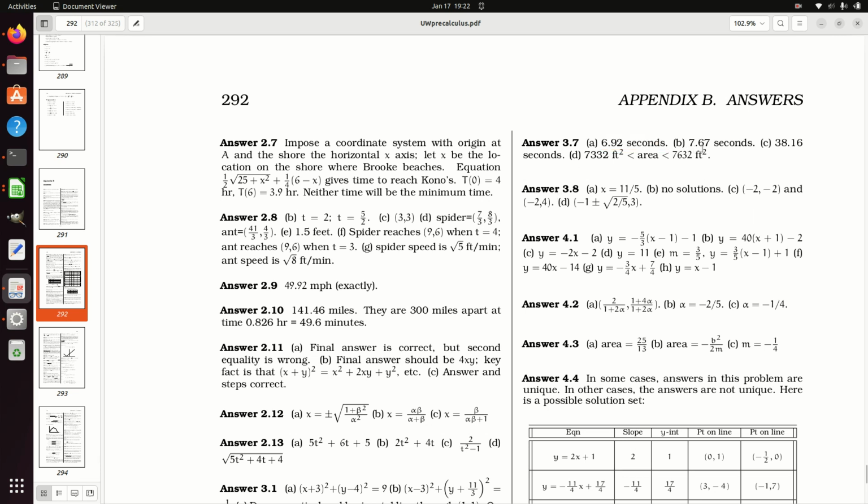Okay, 7.67 seconds. I haven't tried the problem, but I don't think that's right. I think that answer should be 7.2 something, or 7.3 something.